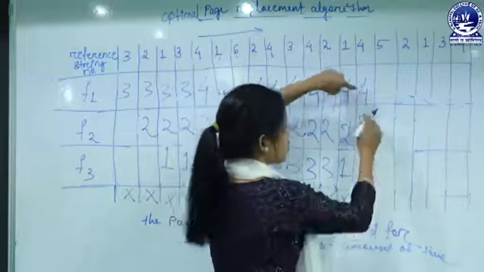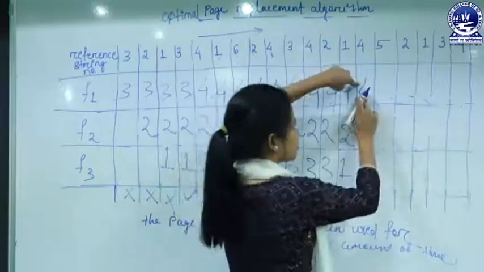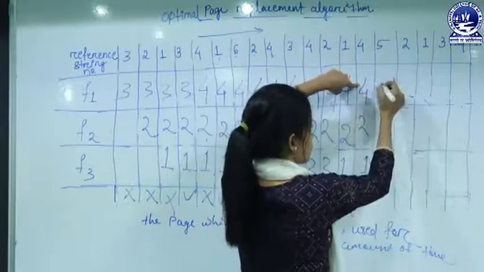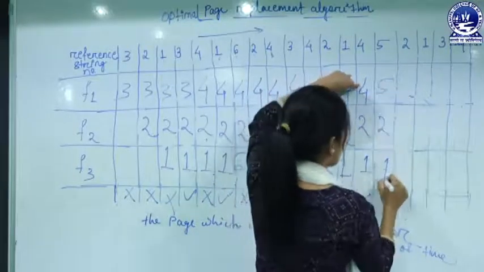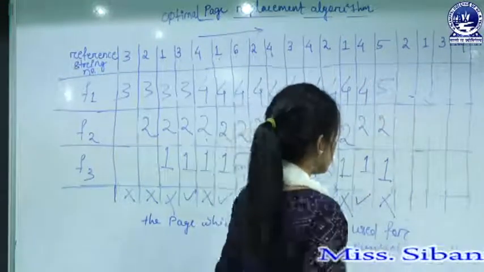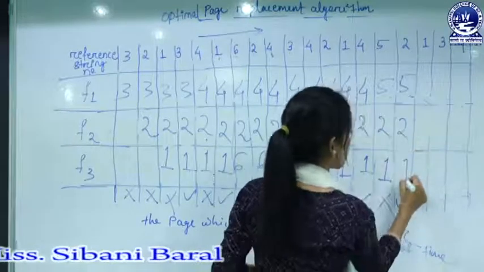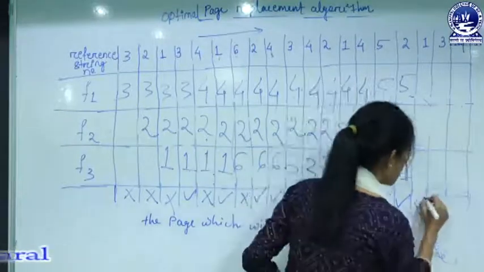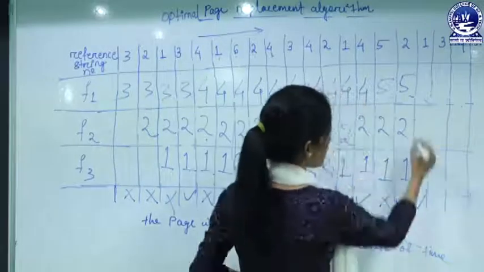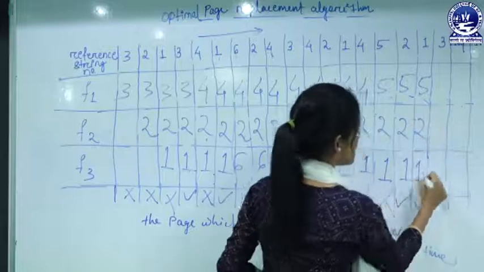So 4 will not be used in the near future. So at the place of 4, 5 is there: 5, 2, 1. And 2 is there in the main memory, so there is a hit, 5, 2, 1. And again there is a hit because 1 is there in the main memory. There is no necessity to replace any pages.